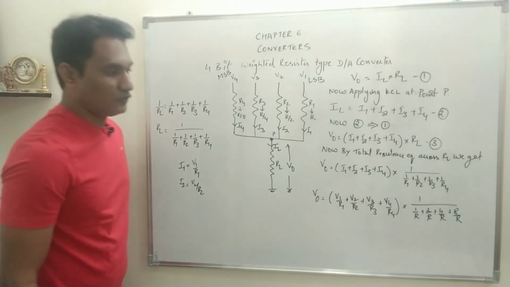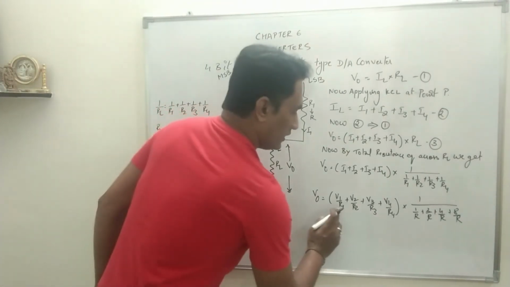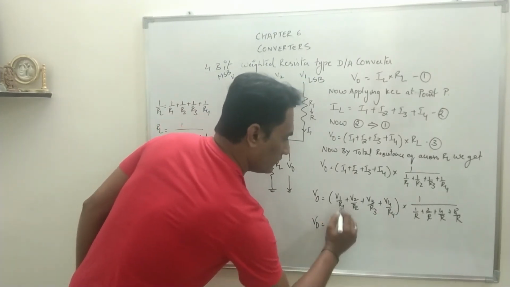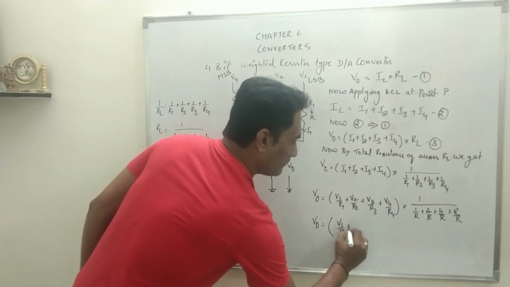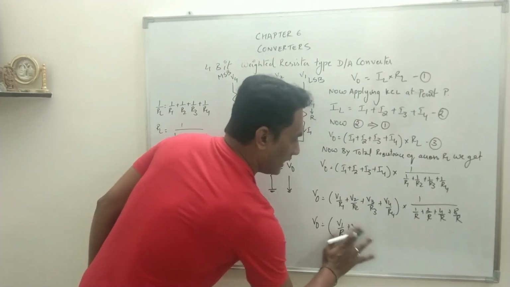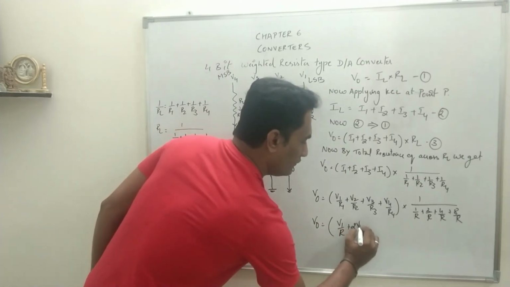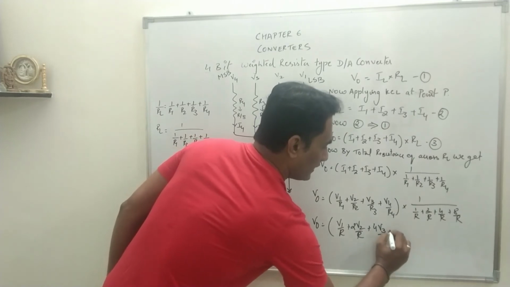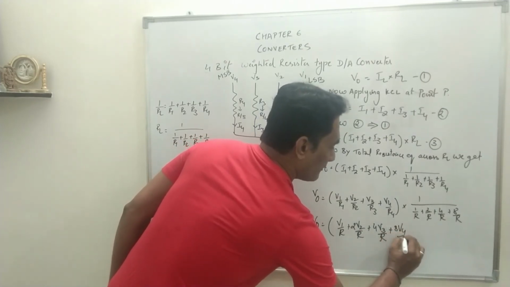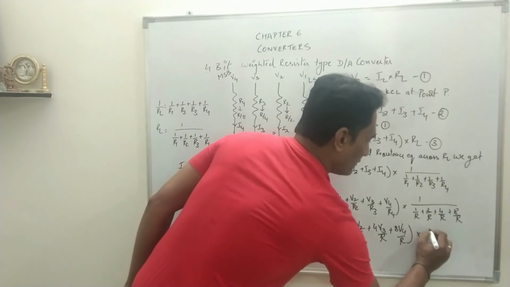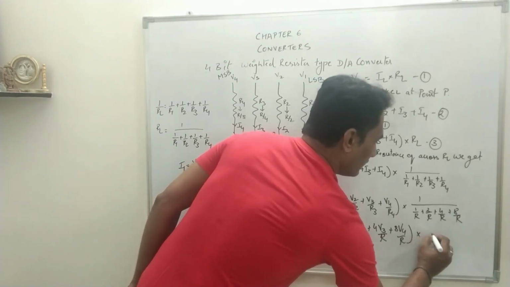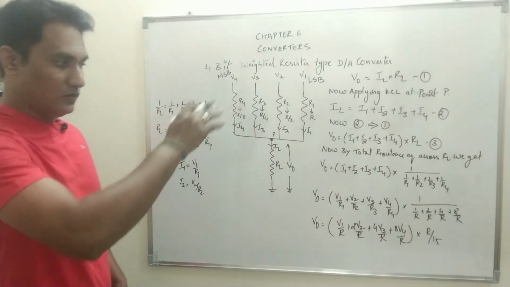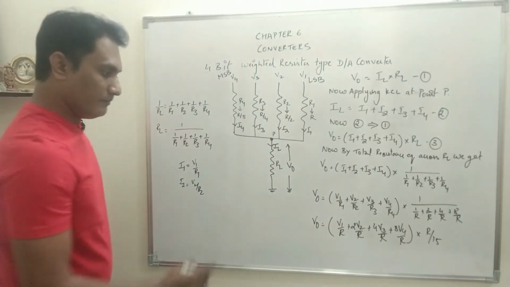So it will be 2 by R, 4 by R, 8 by R. Now, substituting the same value over here also, V0 is equal to V1 upon R plus 2V2 by R plus 4V3 by R plus 8V4 by R, and this will be multiplied by R by 15. 1 plus 2 plus 4 plus 8 is 15. R will go up, so it will be R by 15.